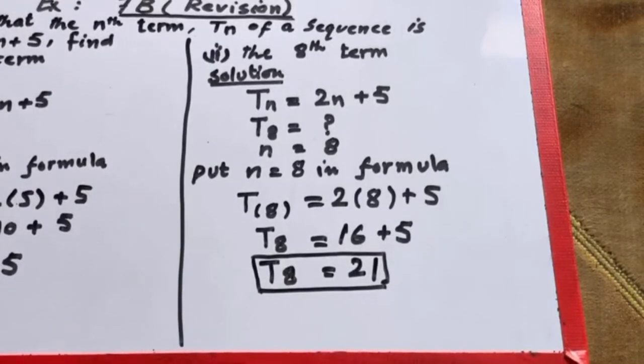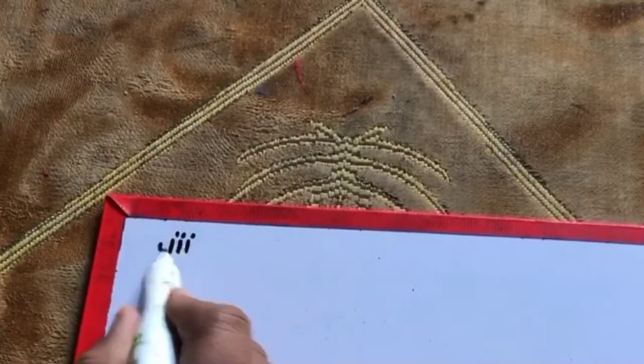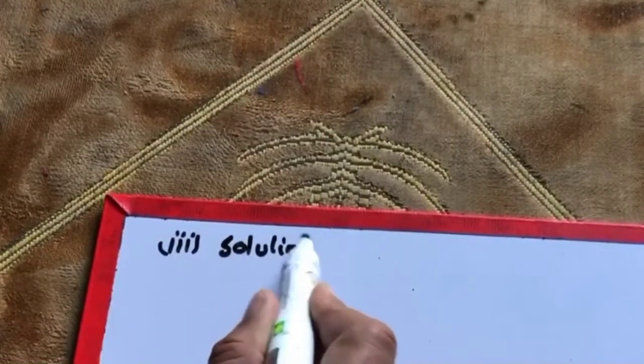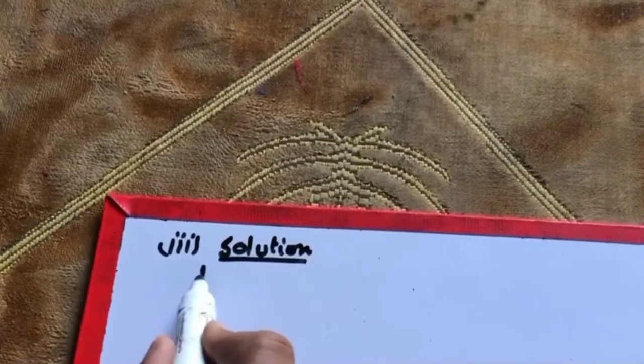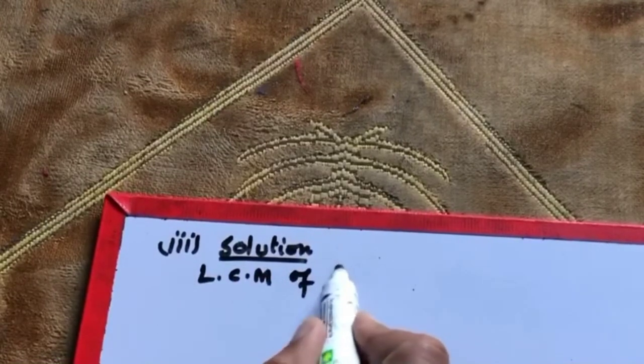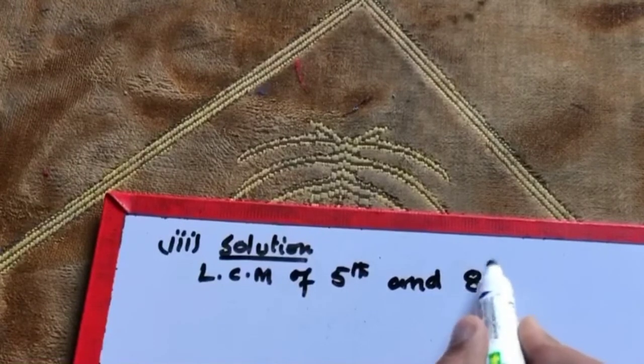Now we are going to find the third part, in which we have to find the LCM of the 8th and the 5th term of the formula. So in the third part, we are going to find the LCM of the 5th and 8th term.